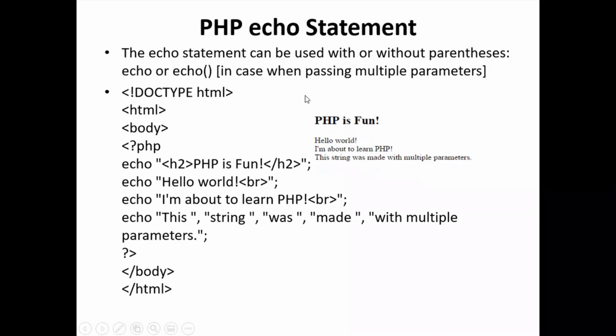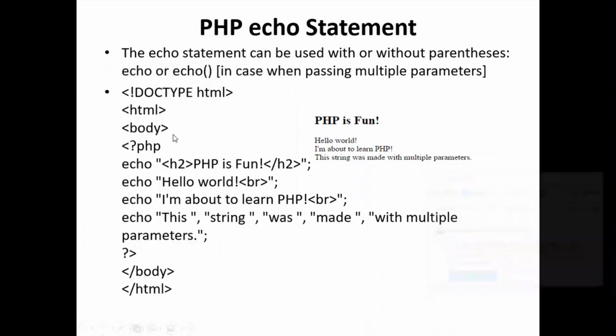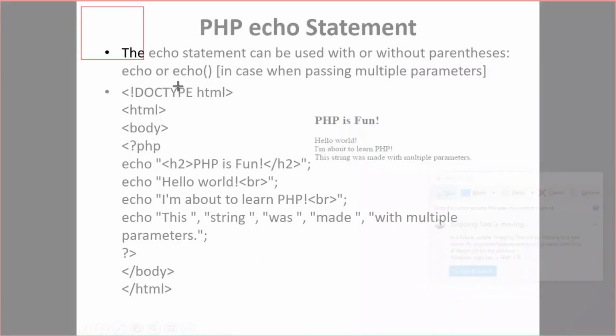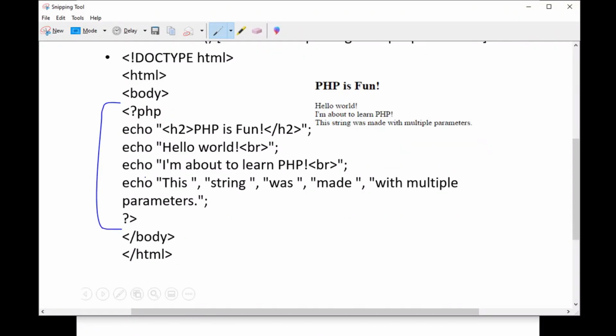Let's go through the program. What the program says: this is the code where the PHP starts. So this is the PHP code. The program says echo, an H2 tag, which means it's a heading tag, so it will appear as a heading.